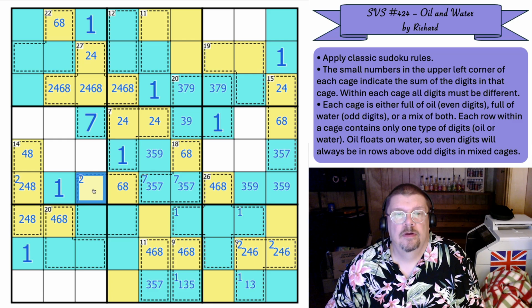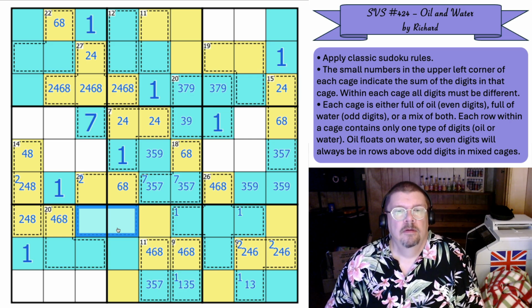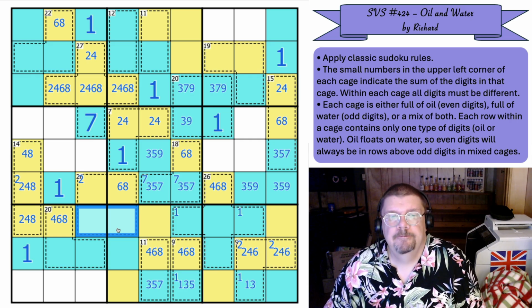Yeah, so that could work. Can 3 be in there? So 3 and 9 would be 12, plus 8 would be 20, plus 6. Yes.